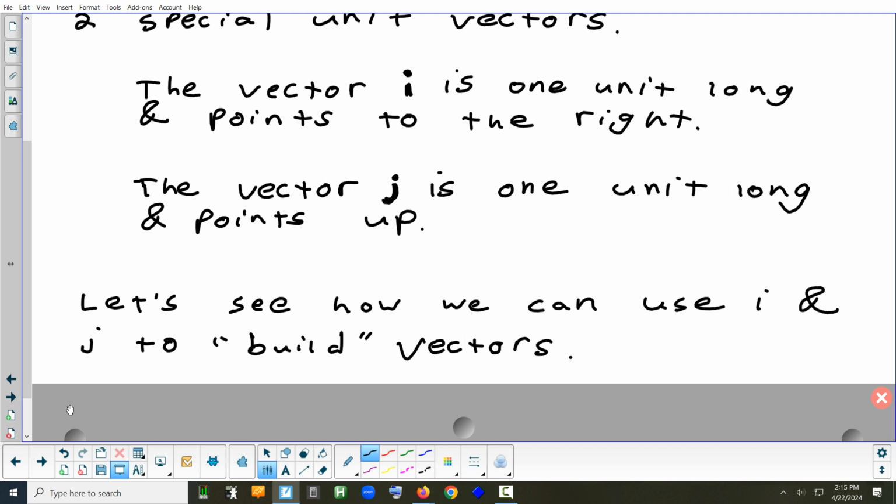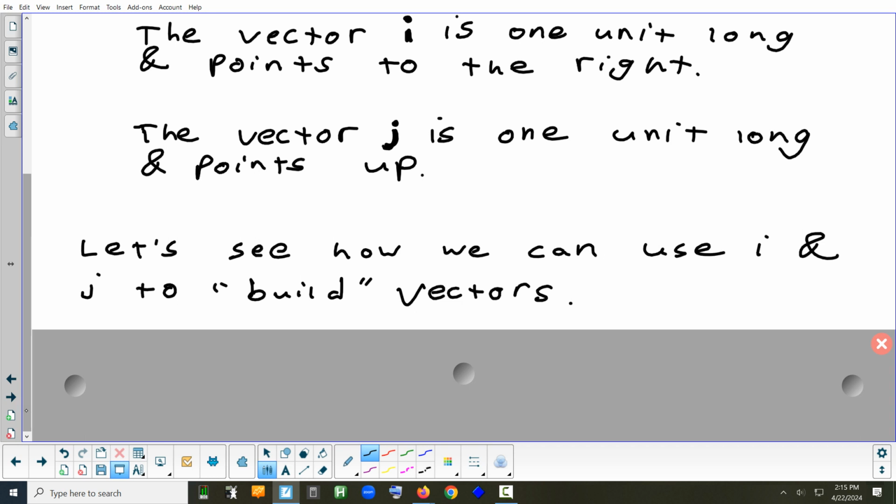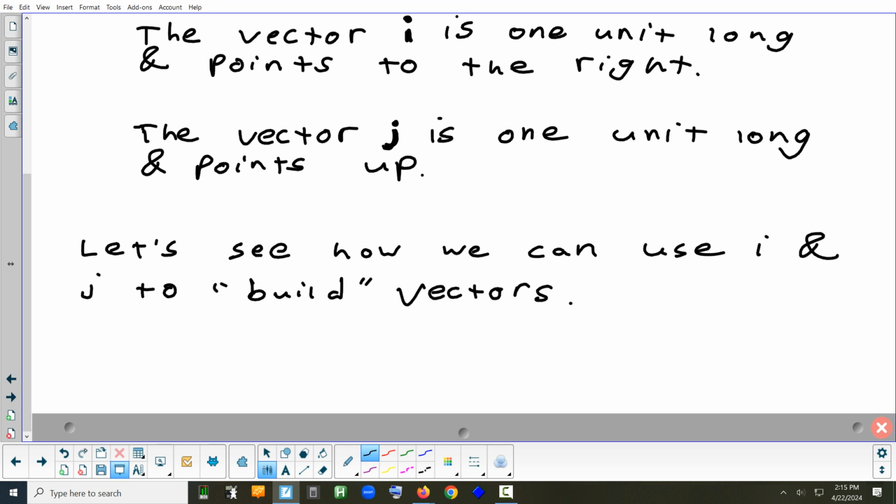So the idea of unit vector notation is you are stacking I's and J's together to build your vector. So think of I and J as building blocks, okay? And we're going to stack them together. I'll show you how we stack I's and J's together to build a vector. So remember, I points right, J points up.